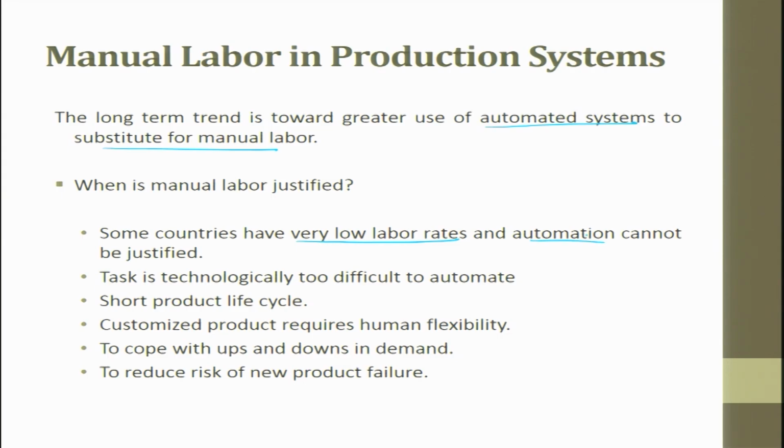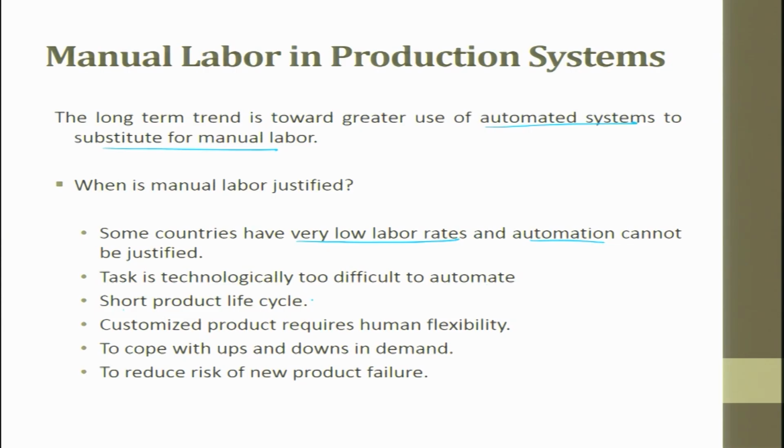When automation cannot be justified, for example, if the operation is too flexible, you cannot automate. So then you still need a manual man there. If the task is technologically too difficult to automate, we still go for manual. Shorter product lifetime, we go for manual labor.